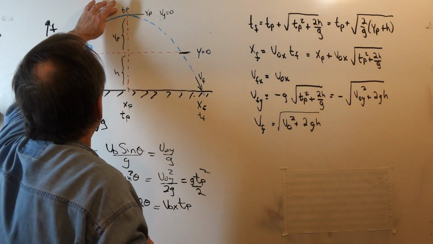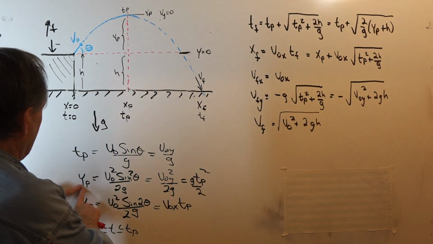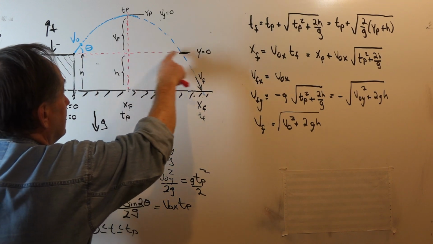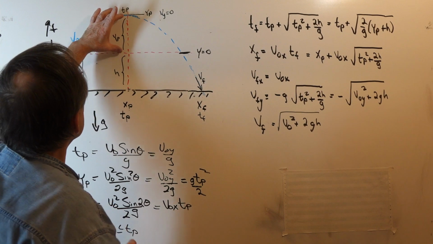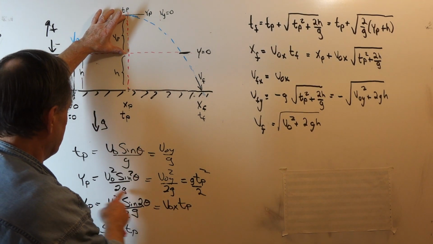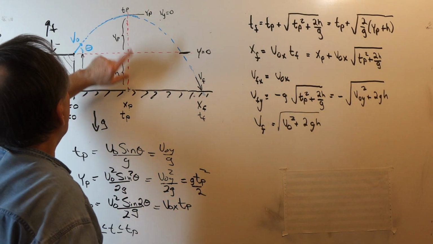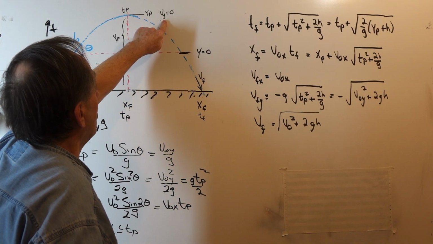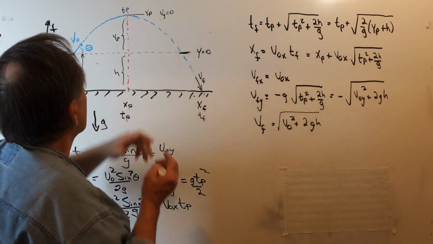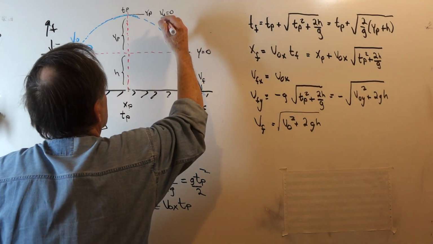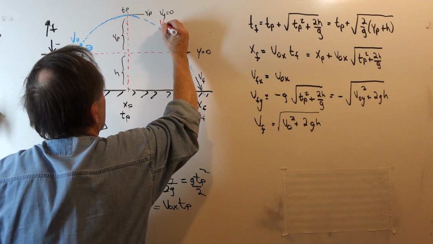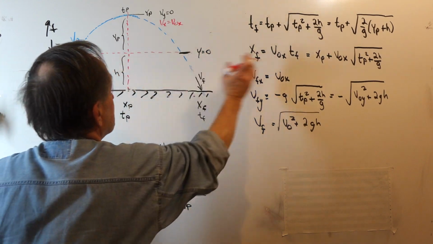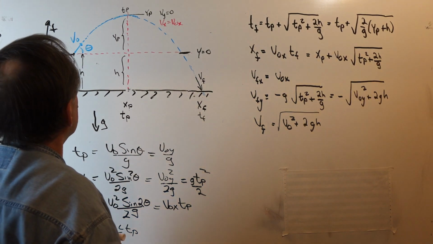The peak value that the projectile reaches with respect to our datum, y equals 0, that's this distance, the y peak, is given by this equation. Also at the peak, we notice that the y component of velocity is 0. The x component, in this case, will be just v0x, because remember, it always travels at the same velocity in the x direction.